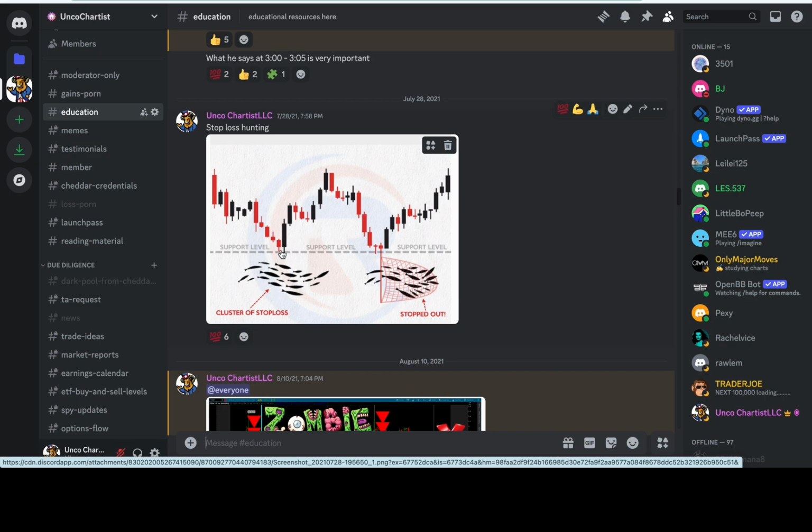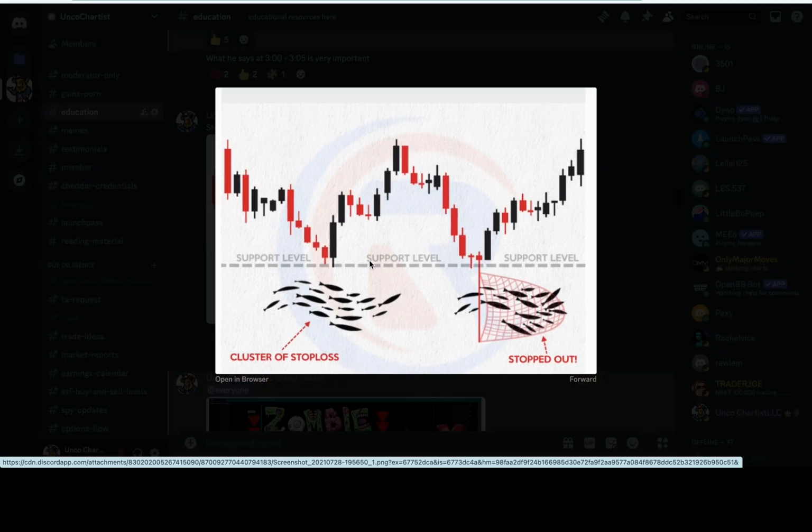That's when the market makers create stop loss, support levels and resistance levels, and underneath those support and resistance levels, you're going to get a cluster of stop losses. And a lot of time, as you can see with this picture to illustrate, they like to break down the stop losses. Not that they actually want to push the market down, but they break down the stop losses so they can catch everybody's stop loss, take them all out, get everybody stopped out before pushing into the real direction that they want to go to, okay?